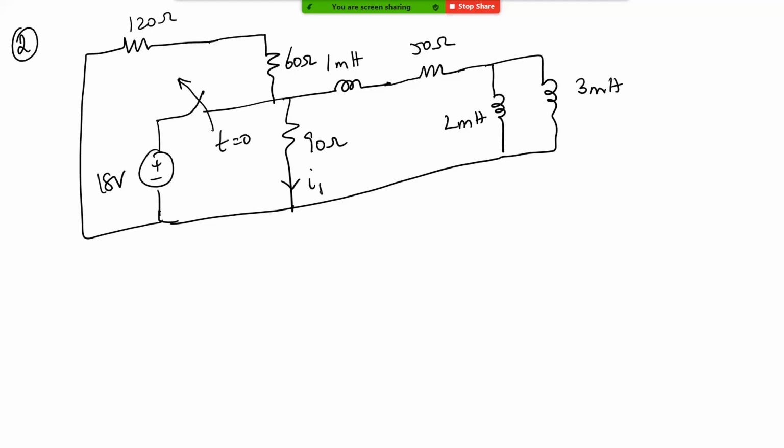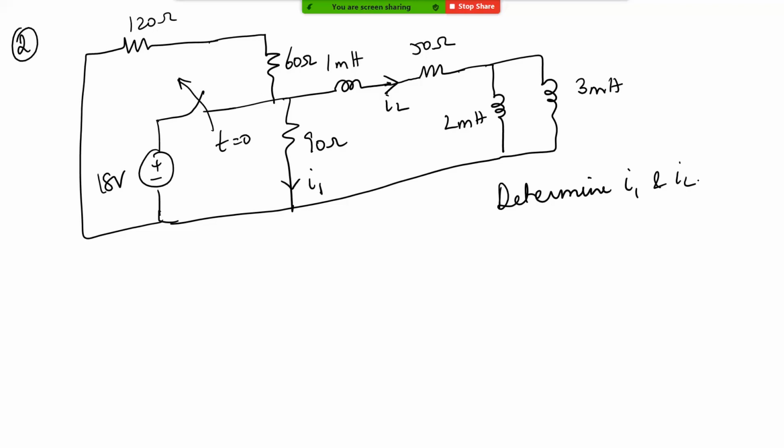I1 is defined as the current which is flowing through this resistor, and IL is the current which is flowing here. The question is to determine I1 and IL. Basically you should say what will be the value of I1 and IL before t equal to 0 and after t equal to 0.